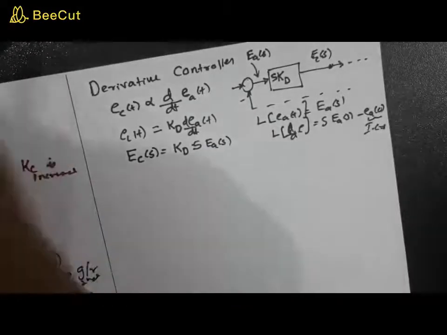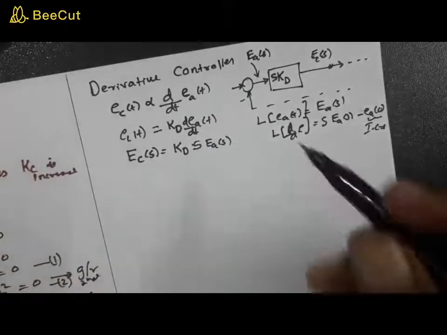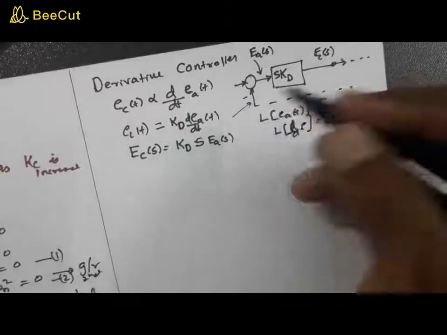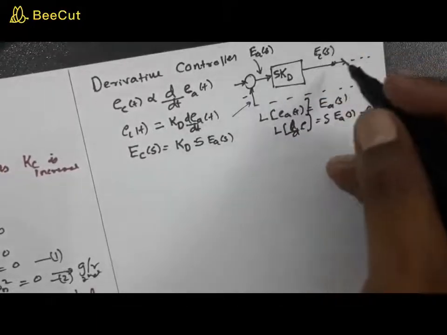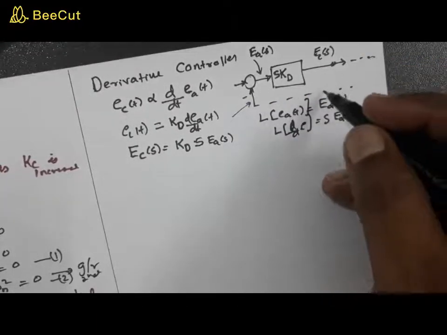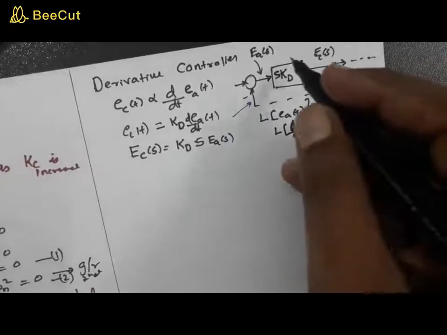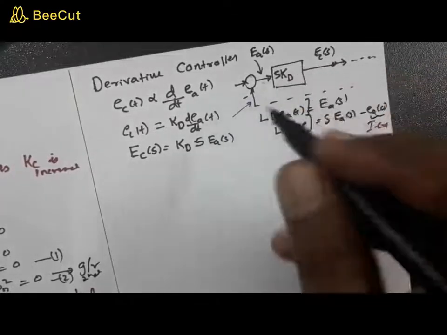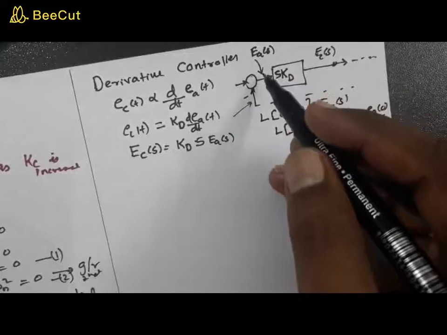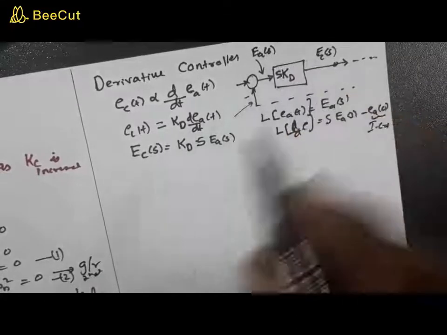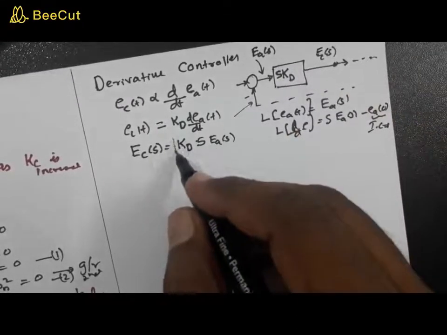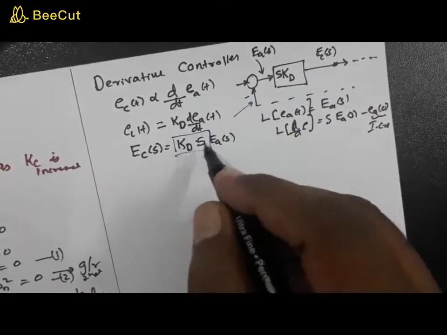Now look at the block diagram of a controller. This is just a part of a control system; we are not bothered about the other parts. The block of a controller is given as follows: you have an actuating input Ea of s, and that Ea of s gets multiplied by the term Kd into s.